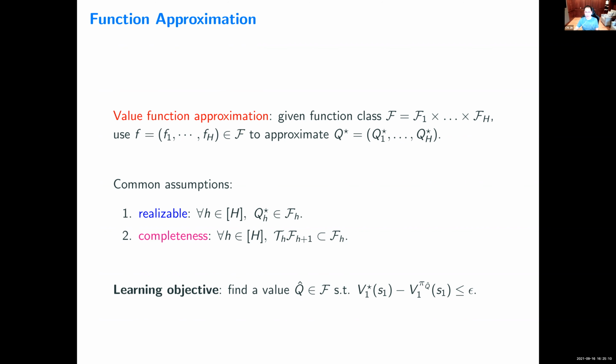My objective is to find a value function inside this function class. It's not necessarily Q star because I always have some statistical error, but at least I want the value of the induced policy minus V star to be at most epsilon suboptimal.